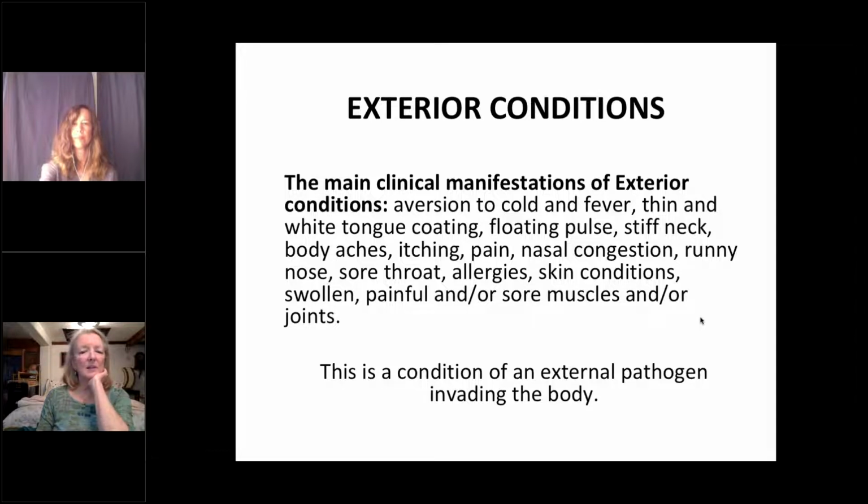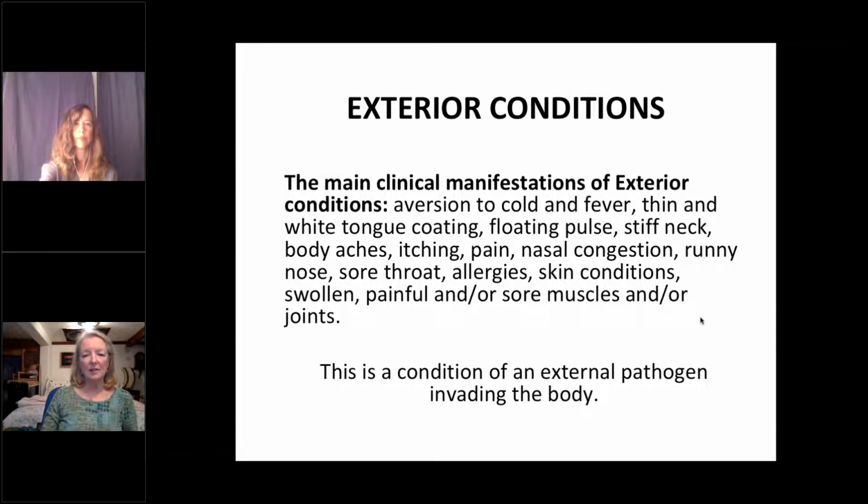So here's some more examples of exterior. Aversion to cold and heat, fever, thin white tongue coating could be normal, but sometimes it indicates a wind chill condition, meaning there's wind and coldness blowing into the body, creating an acute condition.